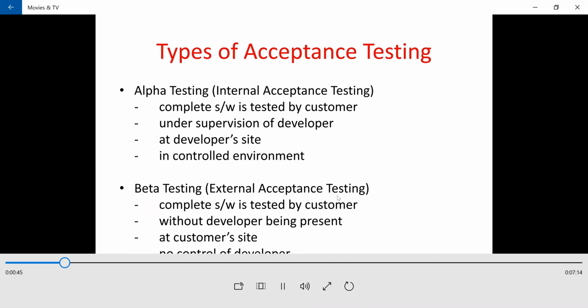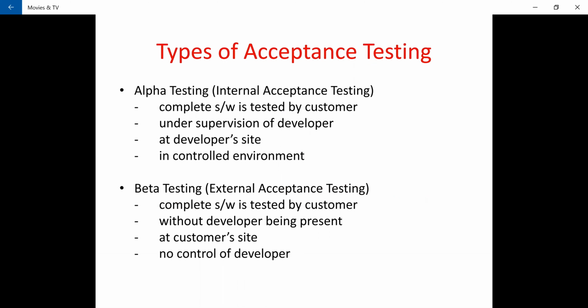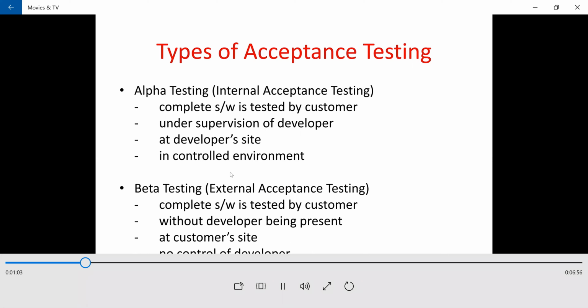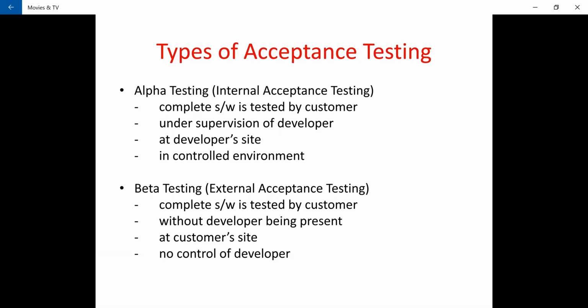Acceptance testing has two types: alpha testing and beta testing. Internal acceptance testing is alpha testing, which means the software is tested internally, checking whether it is accepted by the developer or tester. We check this inside a controlled environment, inside the company or organization.